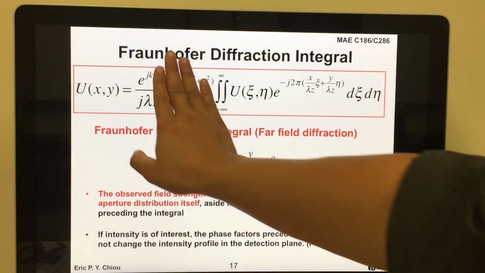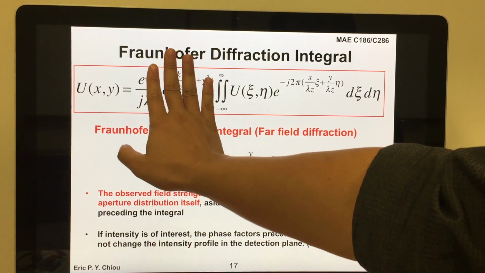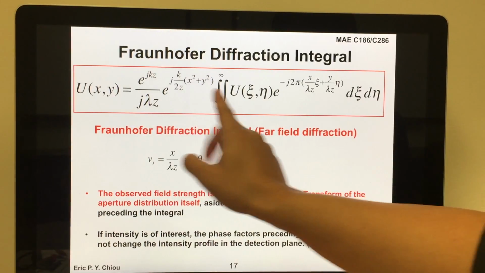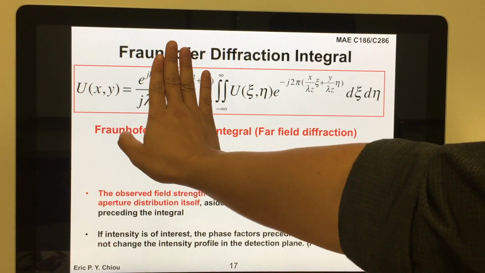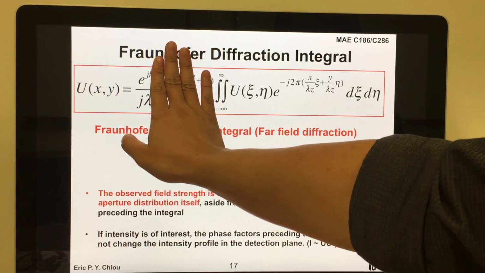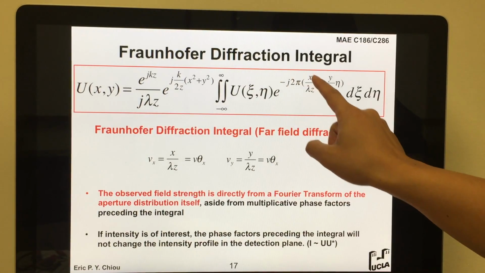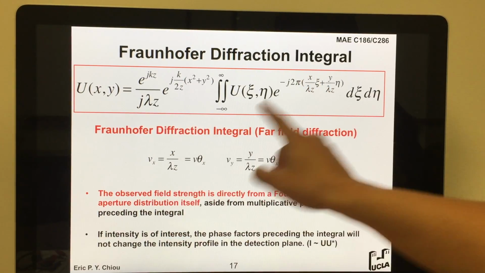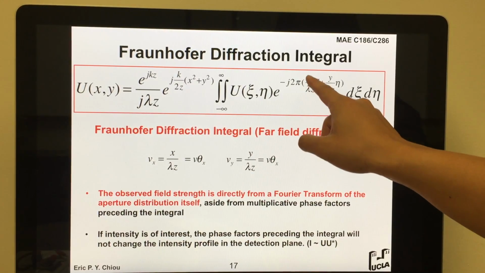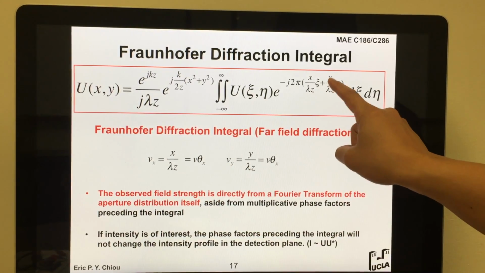If you look at the right hand side, this integral is exactly the Fourier transform of the function u. It's two-dimensional, and you can look at these two terms as 2 pi f, or 2 pi times the frequency v in the x dimension, and this is the frequency in the y dimension.